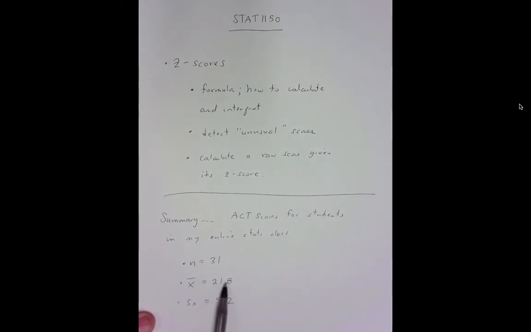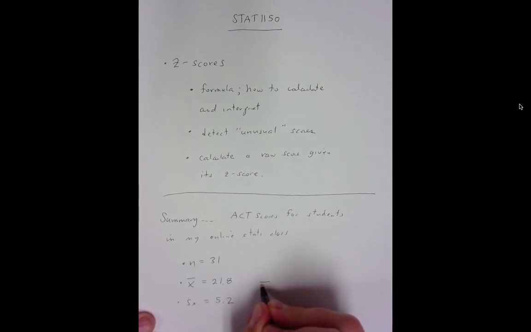If I add 5 to this, then a score of 26.8, or if it's 5.2, it'd be 27, is one standard deviation above the mean. But if I have a standard deviation of 10, add 10 to that, then 31.8 is one standard deviation above the mean. So when we're measuring how far something is from the mean, we need to consider a standardized unit in terms of the standard deviations away from the mean.